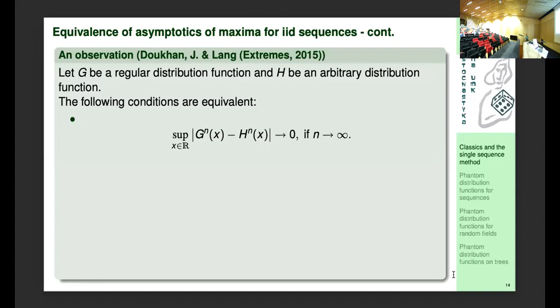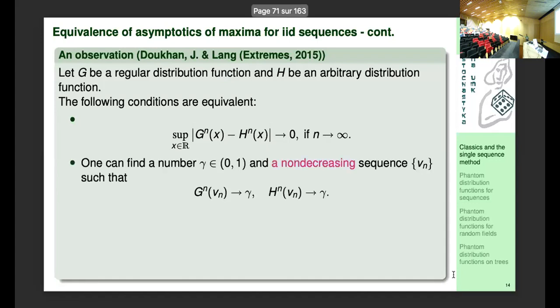The following statements are equivalent: the behavior of maxima of random variables with marginal distribution function G is the same as if the marginal distribution is H. This fact is equivalent to the information that we can find a sequence such that those powers behave the same way. Not exactly, they need not be equal, but they have the same limit.